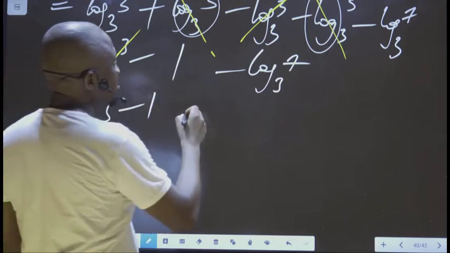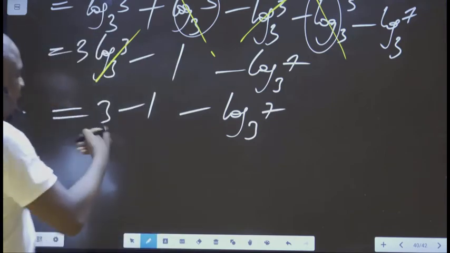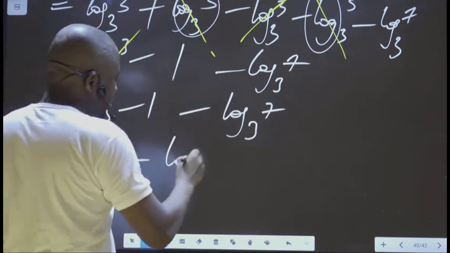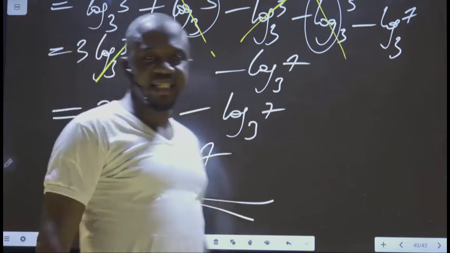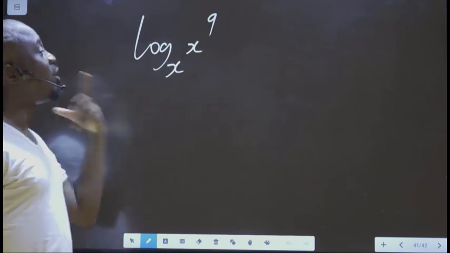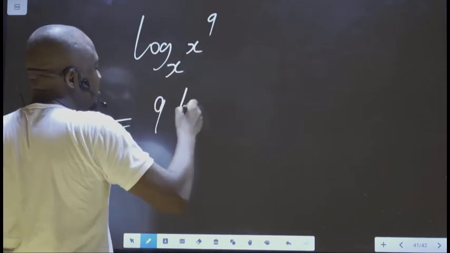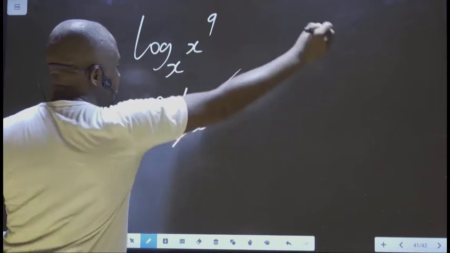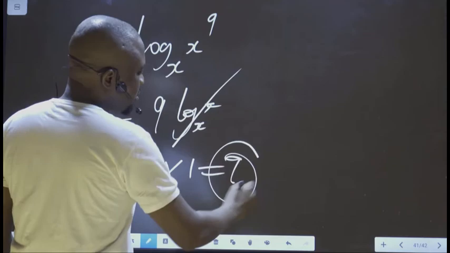Minus 1 minus log 3 raised to the power 7. Here we give us 2 minus log 3 raised to the power 7. That is the answer, okay? This is straightforward. Nothing to solve here. All you simply need to do is pull this guy down. This produces 1. 9 times 1 will produce 9. Okay?